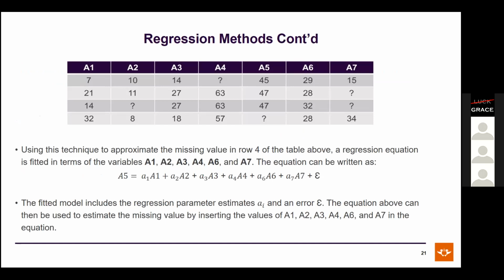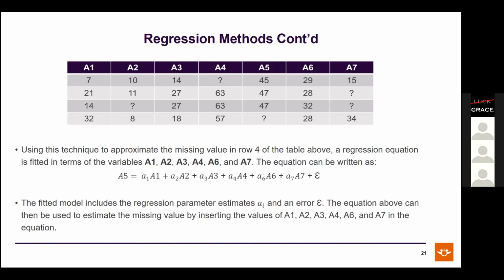If we take row 4, where we have 32, 8, 18, 57, A5 is missing, then 28 and 34. We can come up with a regression equation to impute A5 based on what is available, and that's the equation we've depicted.